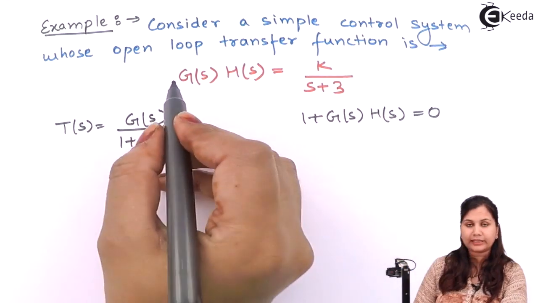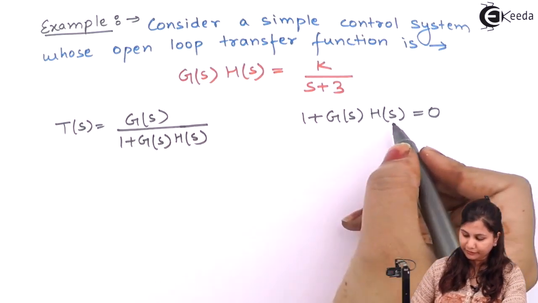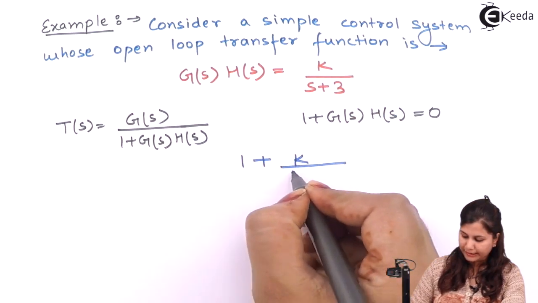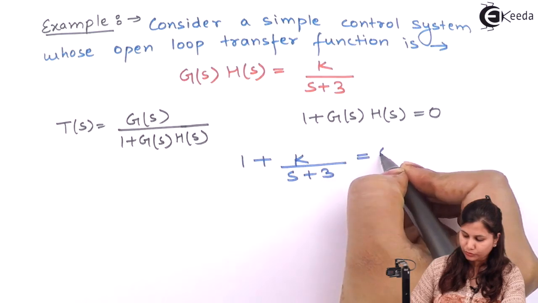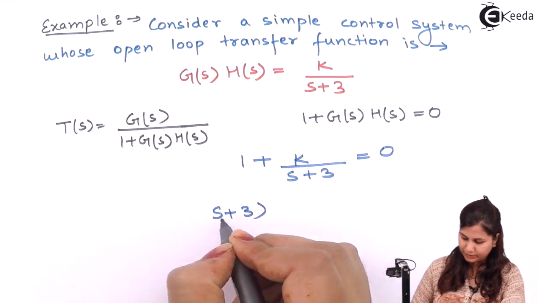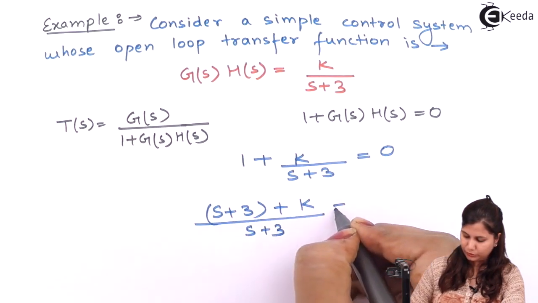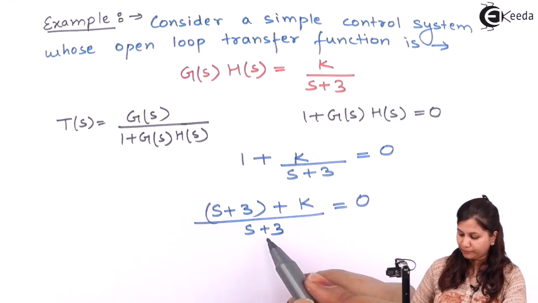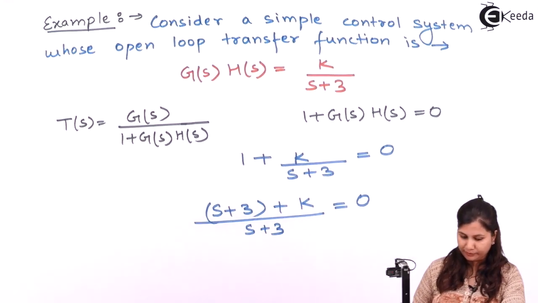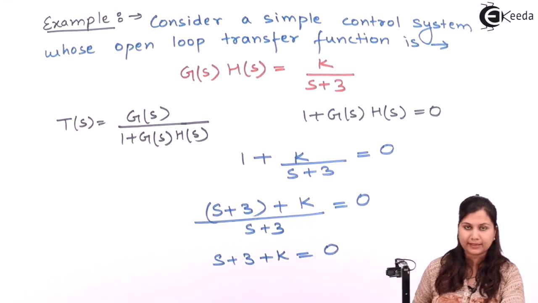So let us obtain the characteristic equation for this system. Putting the value here, 1 plus G(s)H(s) is 1 plus K upon (s plus 3) equals 0. Solving it, we get (s plus 3 plus K) upon (s plus 3) equals 0. Now if we shift this s plus 3 to the right hand side, it becomes 0 and we are left with s plus 3 plus K equals 0.